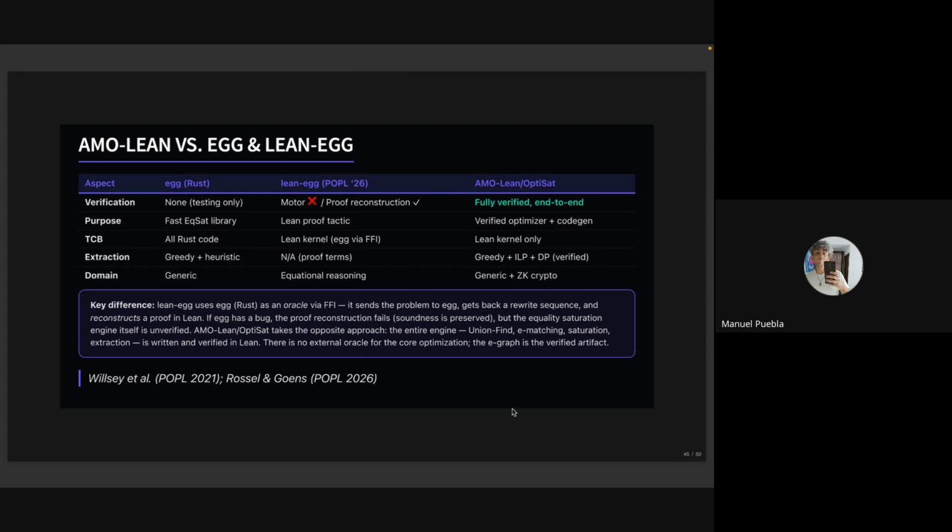So Lean actually reconstructs a proof in Lean that's been handed by another motor. We don't have that. We have a fully Lean thing going on.